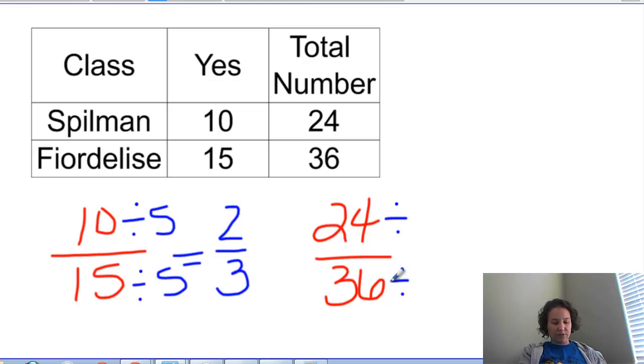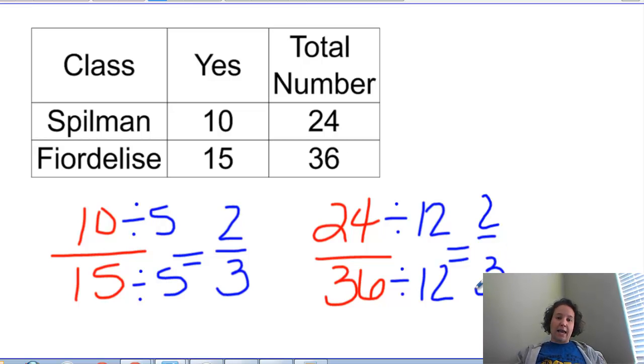I could divide both of these by 2 or by 4, but I'm going to divide them both by 12 because that's the greatest common factor of 24 and 36. And 24 divided by 12 is 2, and 36 divided by 12 is 3. So again, if I simplify these, I can see that they simplify to the same thing, which means that they are equivalent ratios, which means that they form a proportion.